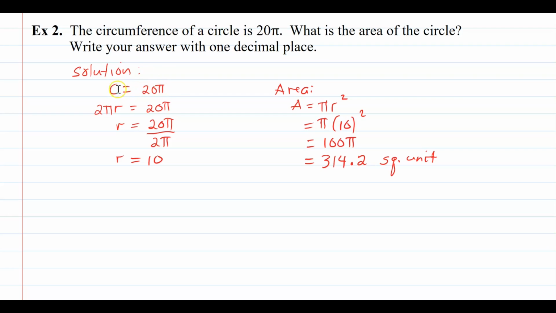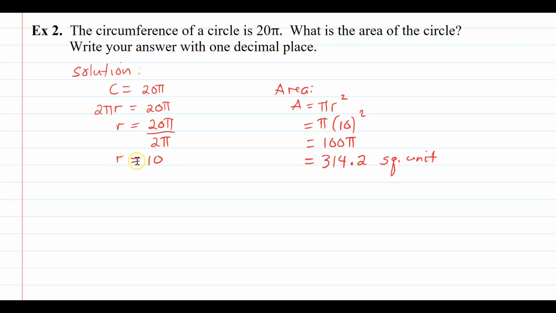We also know that the circumference is equal to 2 pi r. So we substitute here: 2 pi r is equal to 20 pi. And r is equal to 20 pi divided by 2 pi. And we can cancel the pi, and we get 20 divided by 2, and that gives us 10. So the radius is 10.